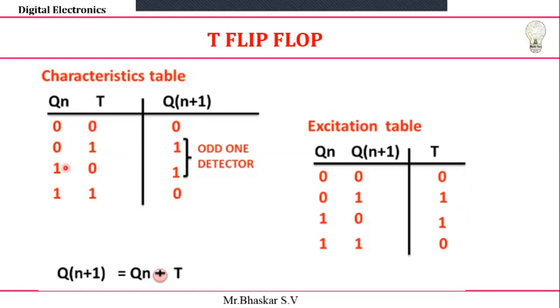For 1, 1, the T value is 0. So the excitation tables of the D and T flip-flops are almost the same. The difference is that in the D flip-flop you get 0, 1, 0, 1, but here it is 0, 1, 1, 0. These two are complemented. That's all. This is the excitation table of our T flip-flop.